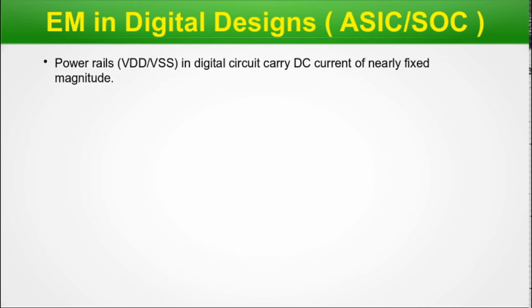Now let's see what the important points are for EM analysis in a digital design. Unlike the analog design, the power rails VDD and VSS in a digital circuit carry DC current of nearly fixed magnitude.